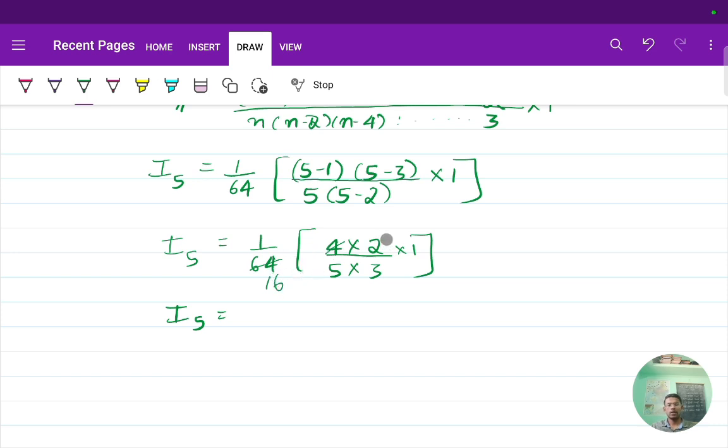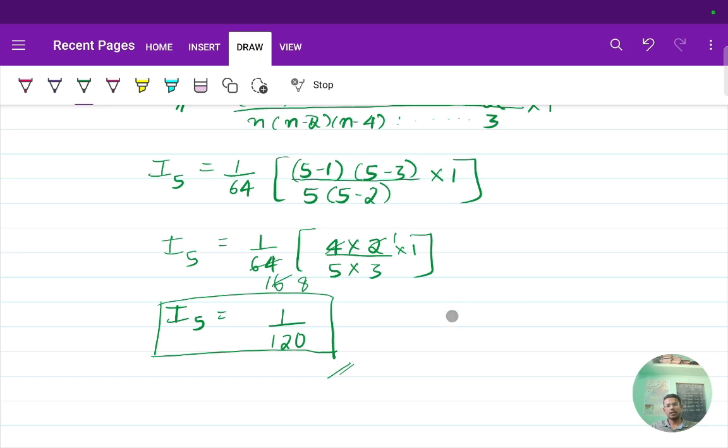Then 2 ones are 2, eights are, right? So we get 1 by, 5 eights are 40. 40 into 3 is 120, right? So this is the required solution for the given problem.